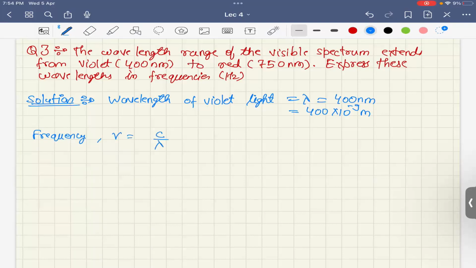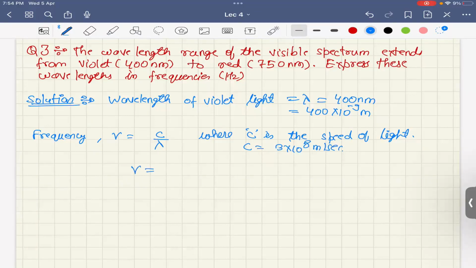So what we have, frequency is related by this expression, where c is the speed of light, right? And its value is 3 × 10 raised to power 8 meter per second, right?